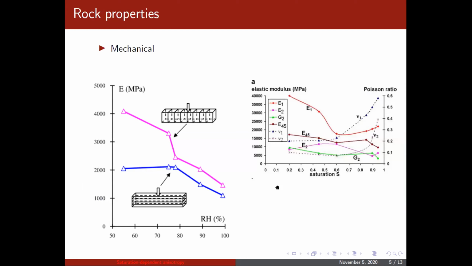For rocks that are both transversely isotropic and partially saturated, we would actually have emerging properties based on both of these behaviors or properties. Mechanically, we see that increasing suction, or decreasing saturation of the rock, would increase the stiffness moduli for multiple samples in the literature. At the same time, we also observe for quite a few samples that the anisotropy of the stiffness moduli also increased with suction.